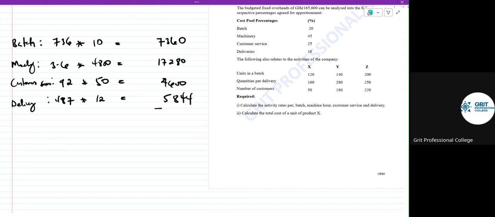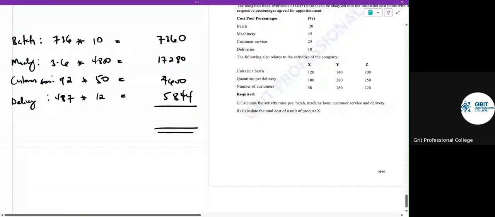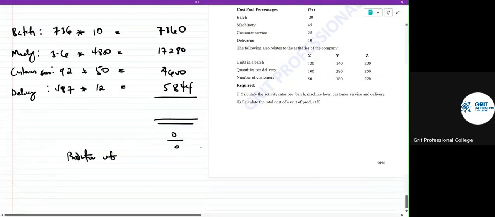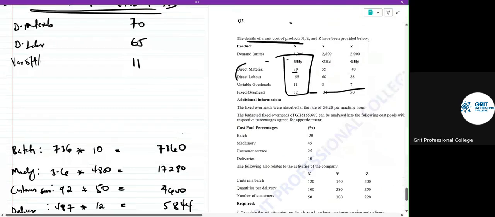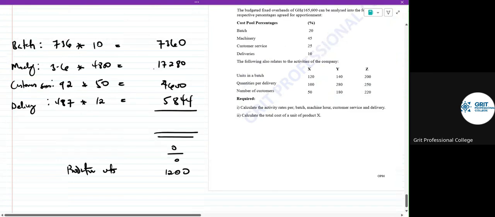5844. All right, so we'll add up everything. Remember what we did earlier, and then whatever we are going to get, we divide it straight away by just the production units of X, and that is, I think, 1,200. So what does this give us?